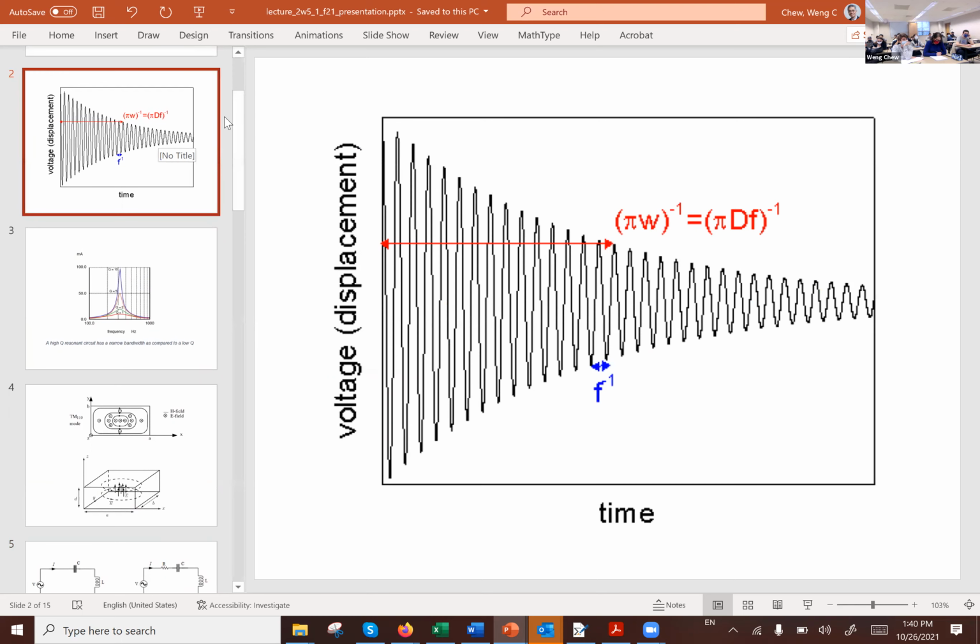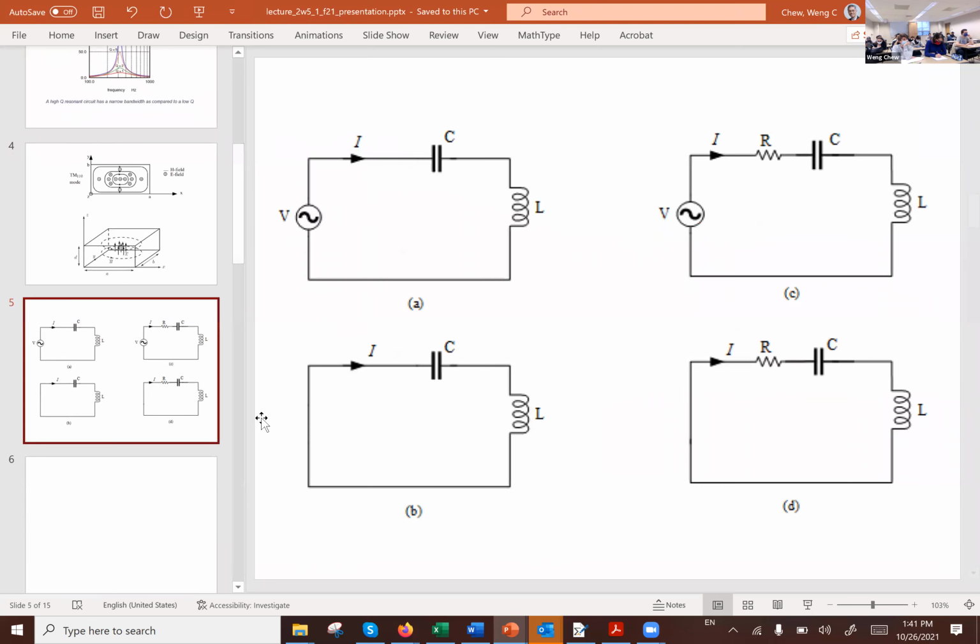Okay, so the physics is quite clear if you revisit your undergraduate circuit theory course. You revisit those concepts, the concept is very clear. And so let's derive some mathematical formulas then.